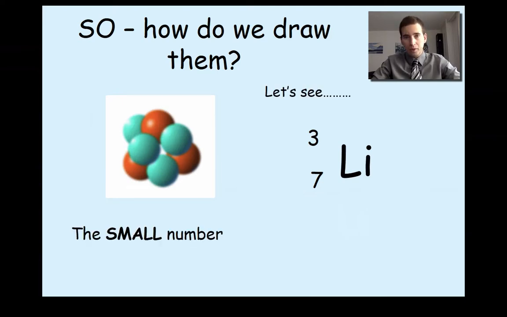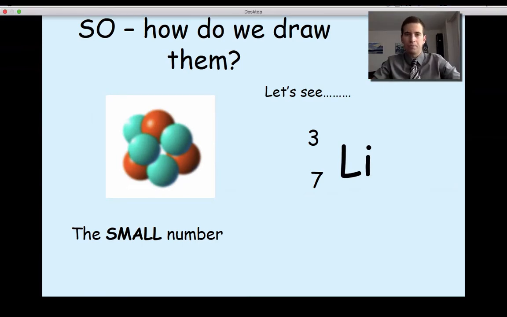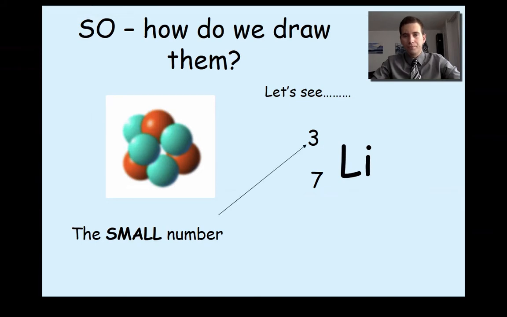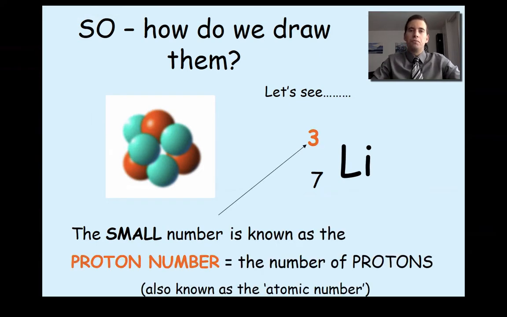Now, the small number, I say the small number because depending on the periodic table, the small number can be at the top or the bottom. Here, it's at the top. Now, the small number, this tells us the number of protons that are in the nucleus of an atom.